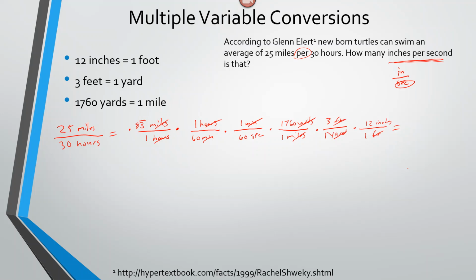That's what we're wanting. How do we do the math? Well, if you remember, when you're multiplying multiple fractions, you can multiply all the numerators times all the denominators. So if we do 0.83 times 1 times 1 times 1760 times 3 times 12, we actually end up with 52,588.8 inches per 3,600 seconds, which is just 60 times 60.